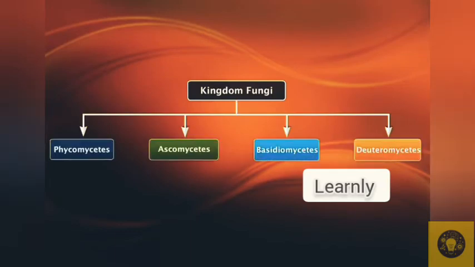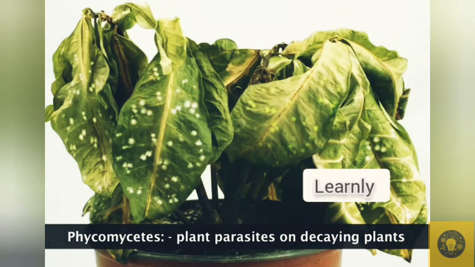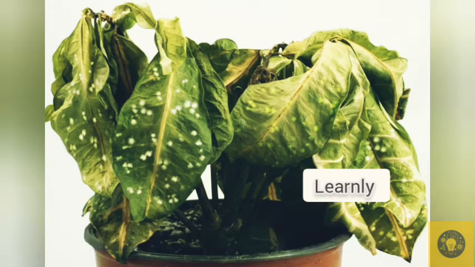On the basis of structure and reproduction, fungi are classified into 4 major classes: Phycomycetes, Ascomycetes, Basidiomycetes, and Deuteromycetes. Fungi of this group are found on decaying material and are plant parasites.